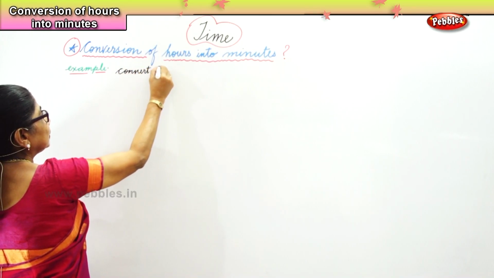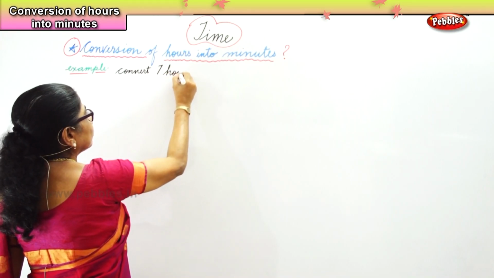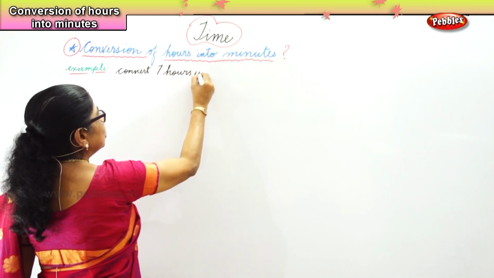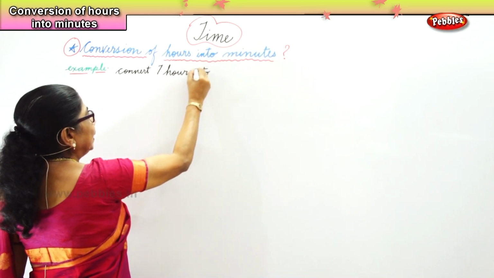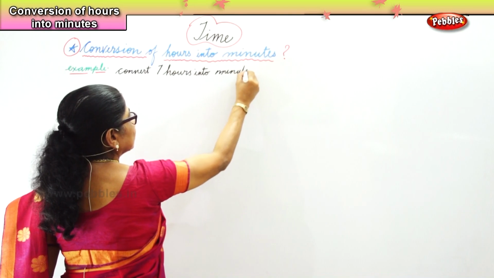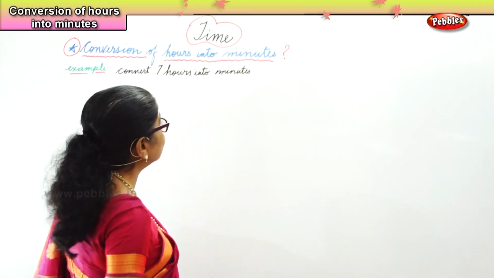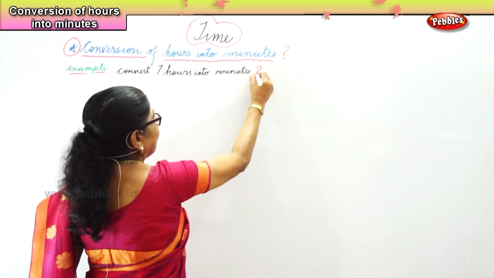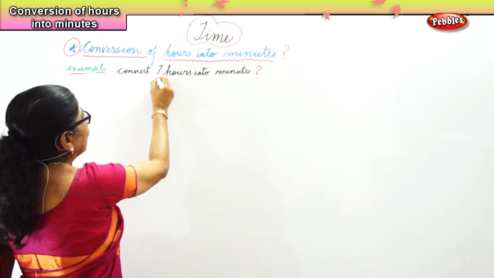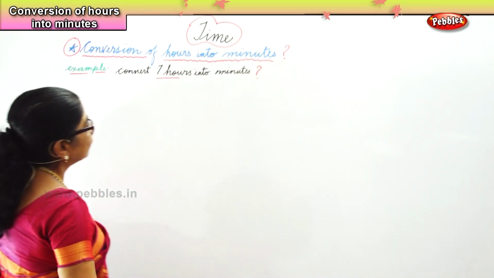Convert 7 hours into minutes. That's our question. We're going to convert 7 hours into minutes.